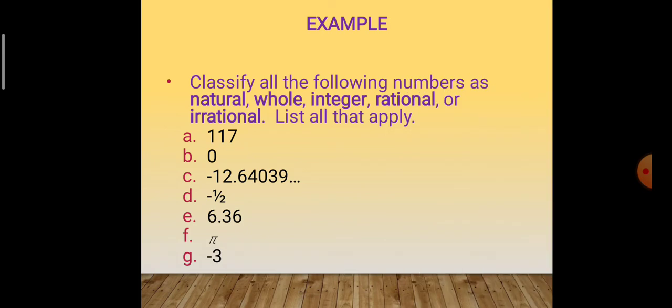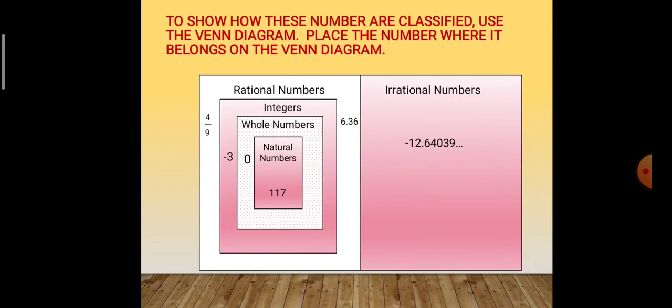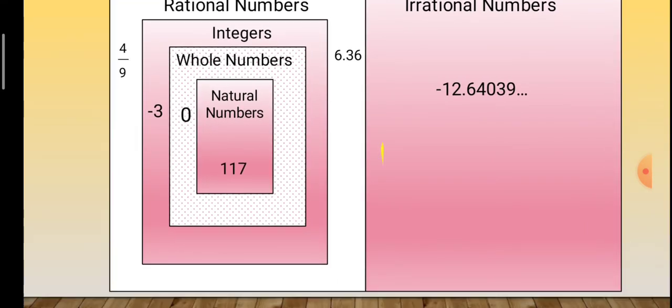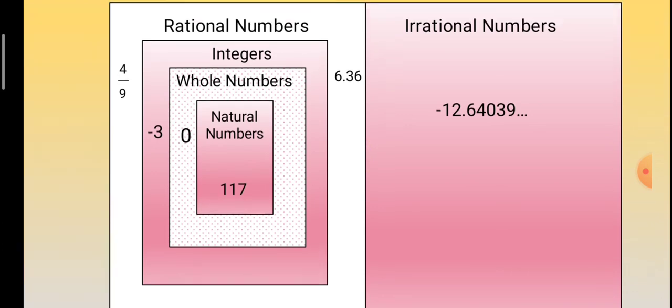So already you have understood the concept of rational and irrational numbers, and we discussed with examples also. Now we have to show it as a figure also. See natural numbers: 117 is a natural number. Next whole numbers: 0, 117.